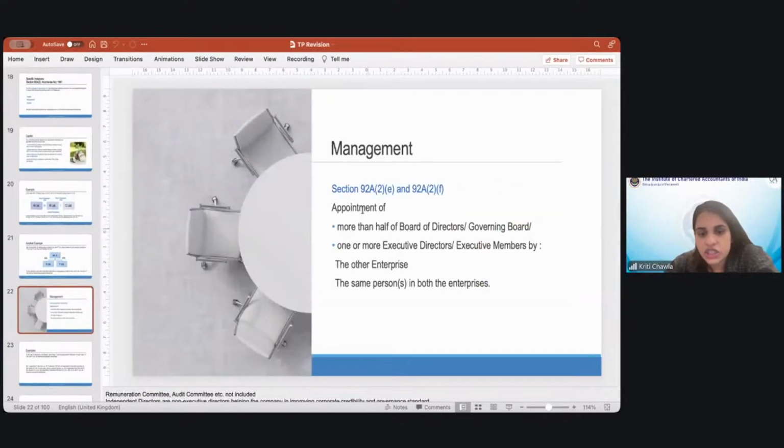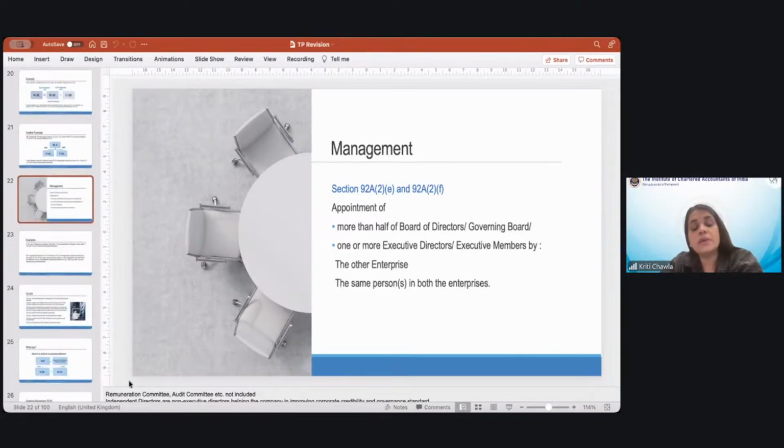Apart from these conditions, there are also some other conditions, which are the management conditions. So if there is a board of directors or a governing board and one entity appoints more than half of the board of directors or governing board in the other enterprise, or they appoint an executive director, and this is one or more than one executive director, then also they will be associated to each other.